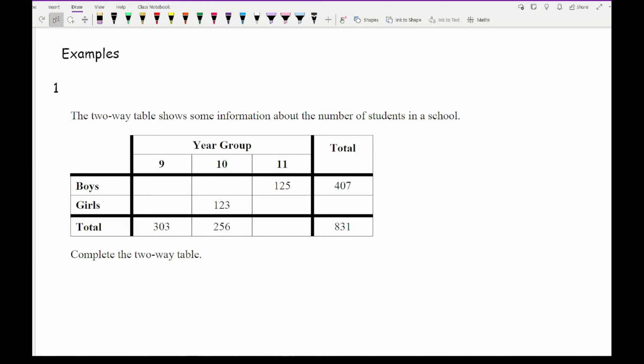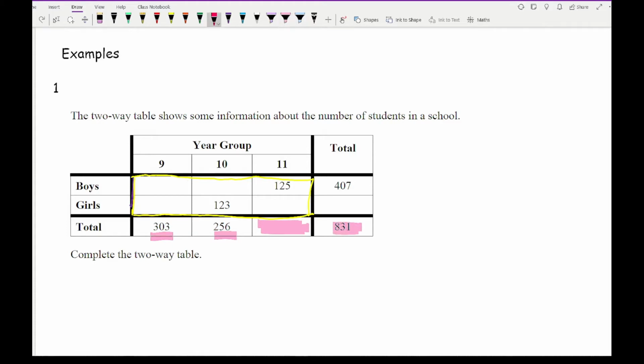So what we're going to do is ignore the numbers inside this. Again, choosing an appropriate colour, let's go for yellow. I'm going to ignore the numbers here, and I'm going to work with the totals first. That's usually a good point to start with. Now, if I just highlight this box here, then these three numbers of 303, 256, plus another number, which I don't know, need to add up to equal 831.